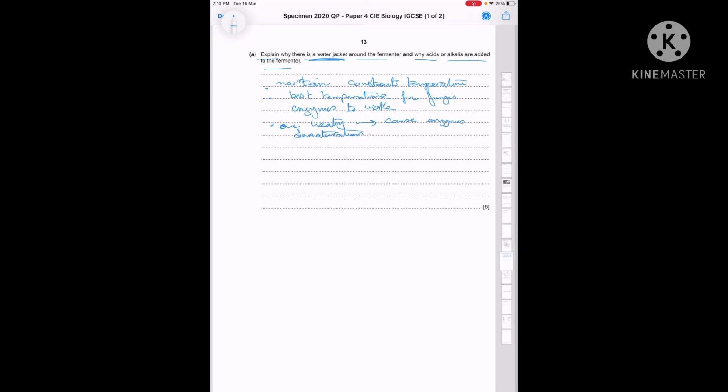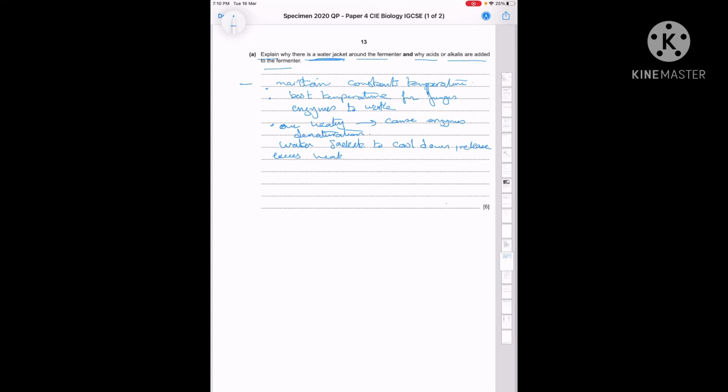So that's why the water jacket is there to cool down and also release excess heat in the fermenter.